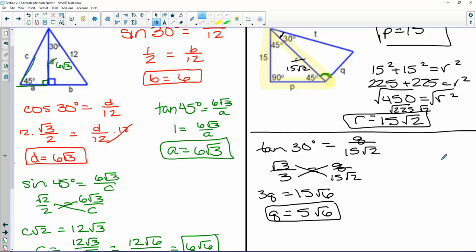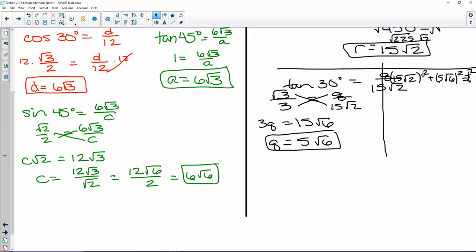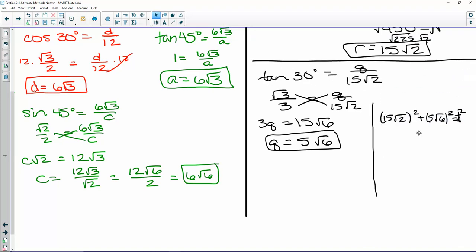We could do Pythagorean theorem, and that would work. T is the hypotenuse. So if you do that, it's 15 radical 2 squared plus 5 radical 6 squared equals T squared. I tend to see a lot of mistakes when people start squaring with these. So let me just talk about what this means.